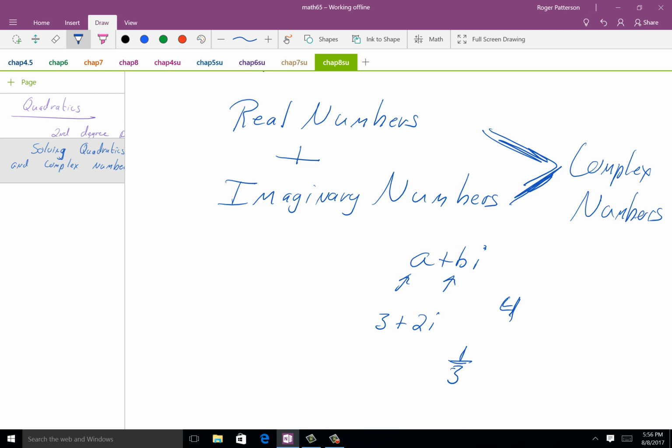Another complex number would simply be 3i. So they can either be together or they can be separate. Those are all complex numbers. A complex number is every single number in the number system, including the imaginary numbers.